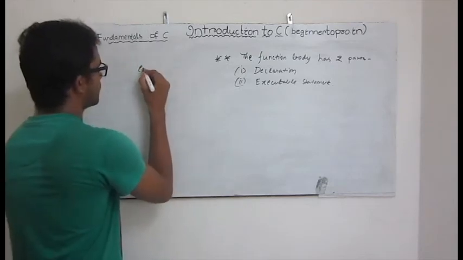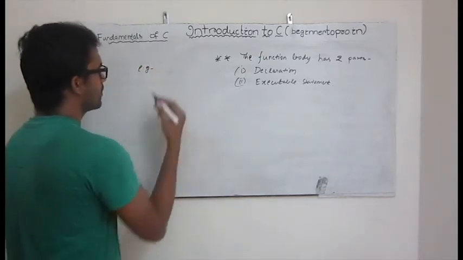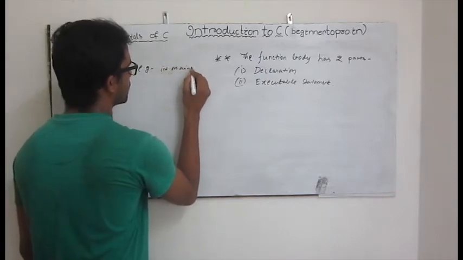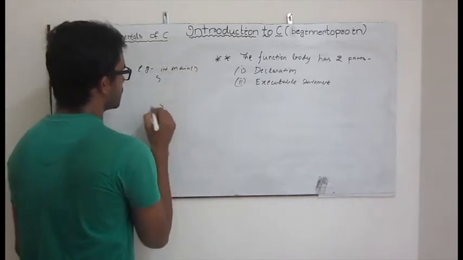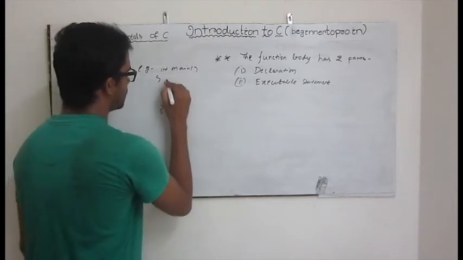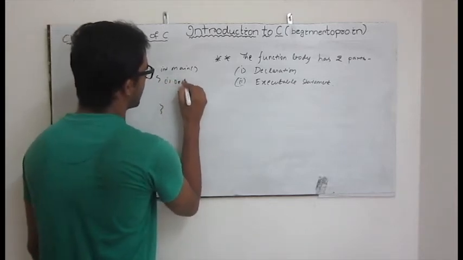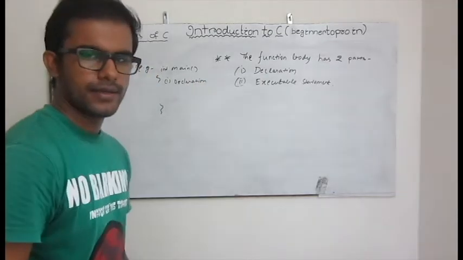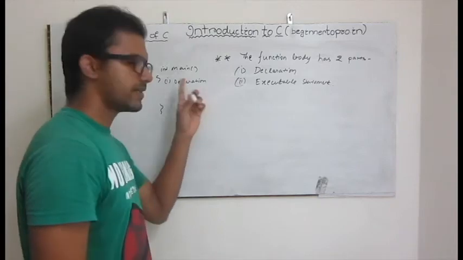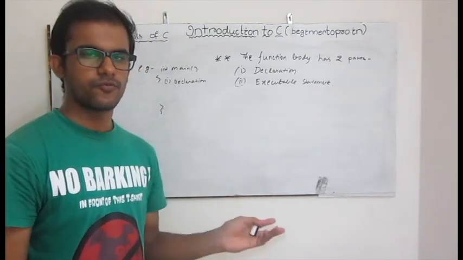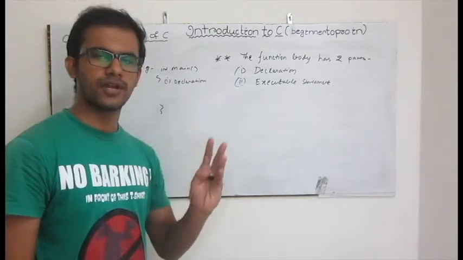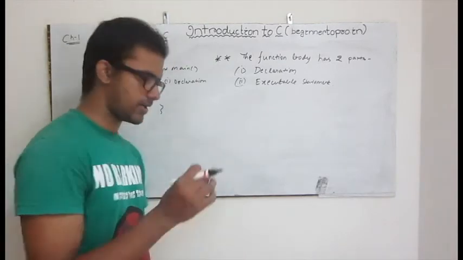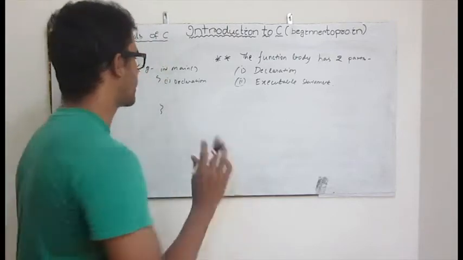Let's have an example. Let's say we are taking the main function. The first part we do is the declaration. What do we declare here? We declare here the data type with the variables. What those variables are going to accept, which type of numbers, whether it is a whole number or a decimal number, we are declaring first.